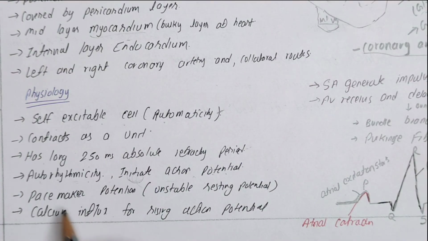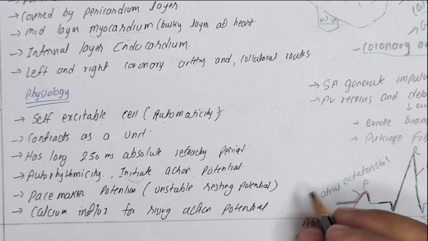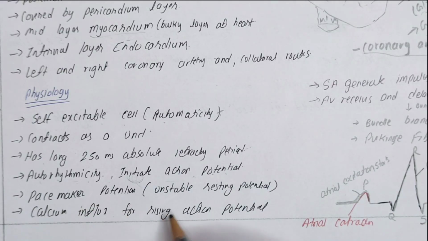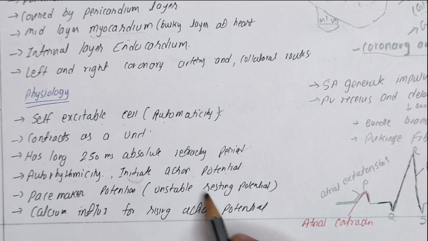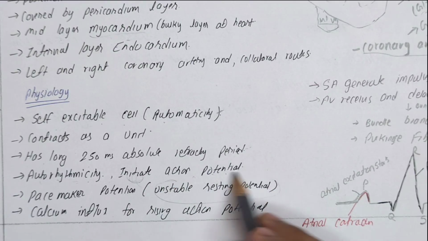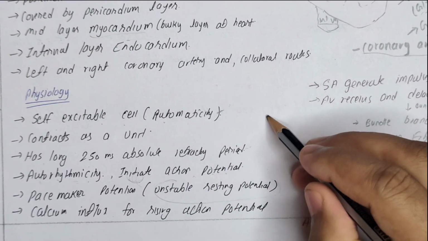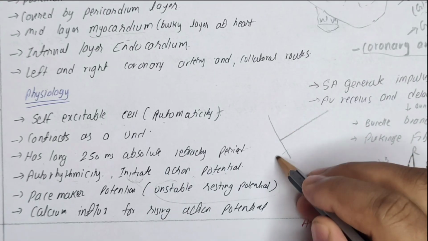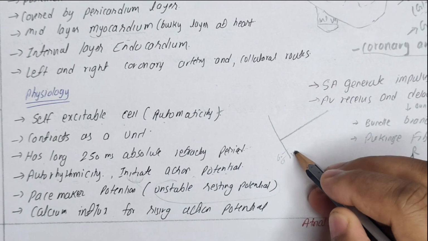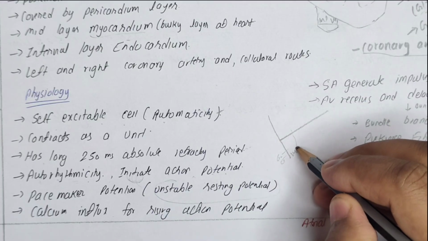Now, there is one place called the pacemaker, which is actually initiating the action potential. In our heart, there is an unstable resting potential. Unstable resting potential means there is an electrical shift happening in our heart. It will go up to minus 60 or minus 70 millivolt. So from where it will go to the resting potential.